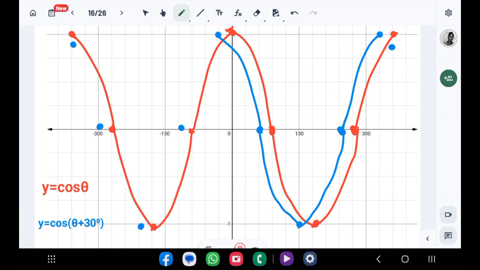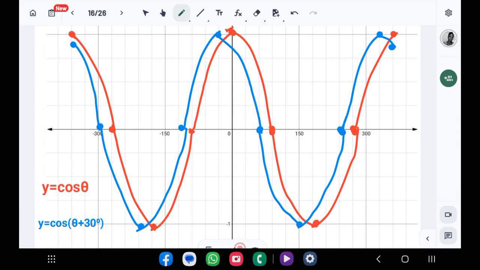There is the point. Here is joining the points, then the points are joined here. And that's how you draw a shifted graph.